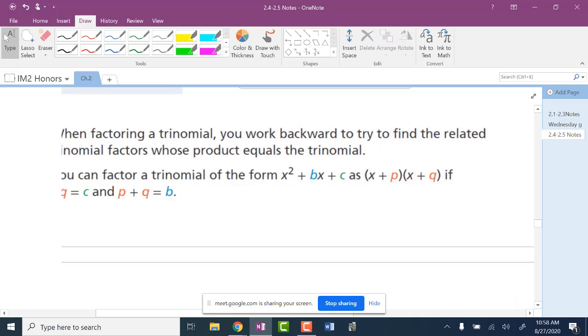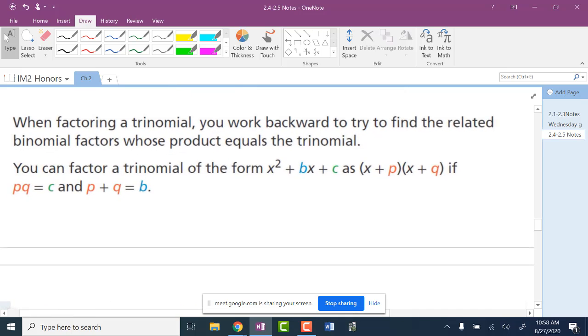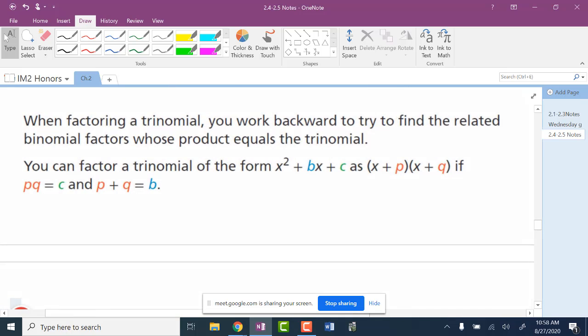So I will put this, and feel free to write this, but we will never write this like this again. Just like I said, this last term C is equal to the product of those two factors in that binomial. I will always just put an M above this number. That is our multiply number.